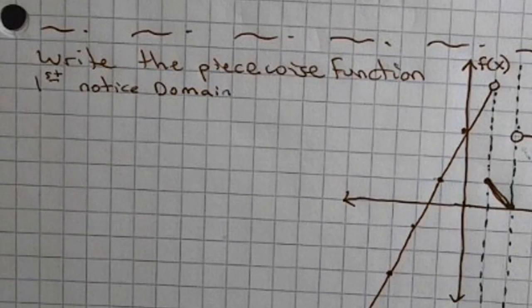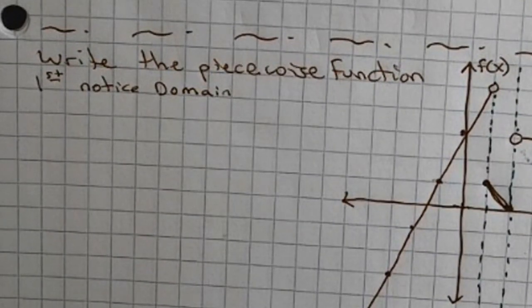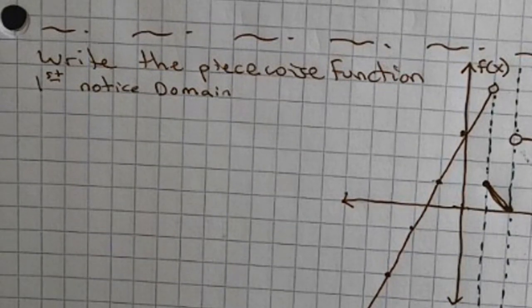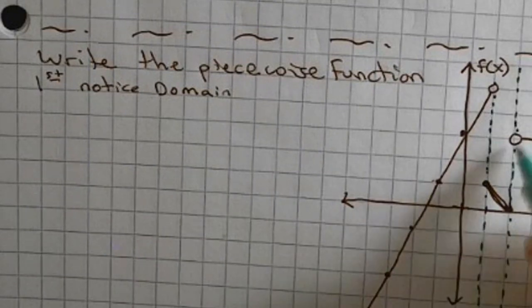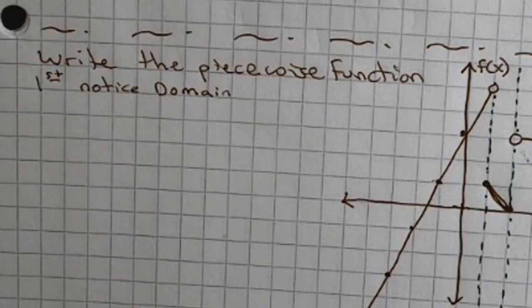And then from this point on to the right hand side, x is greater than, not equal to, x is just greater than 2. Okay.